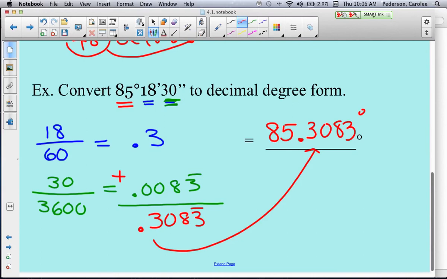My degree didn't go up. Ignore that little black one. So think about 20 minutes is about 1/3 of a degree. We were pretty close. We were at 18 minutes for that.